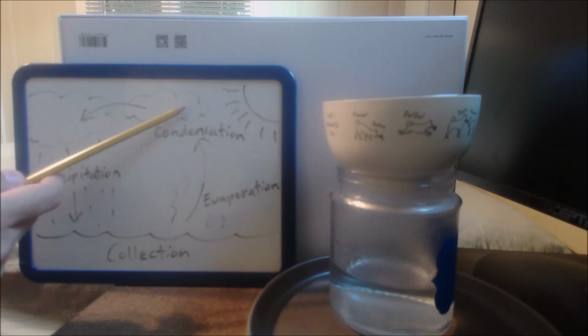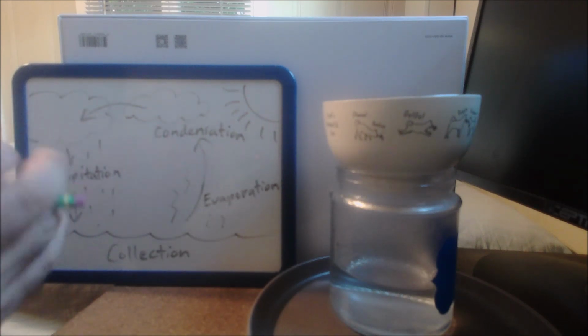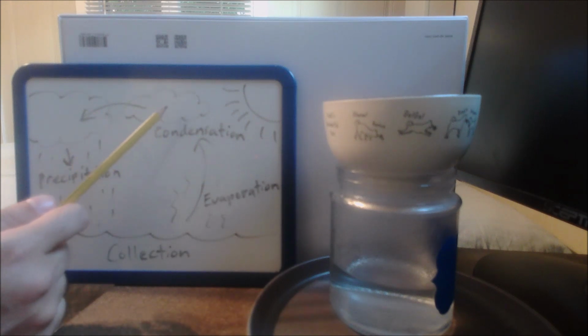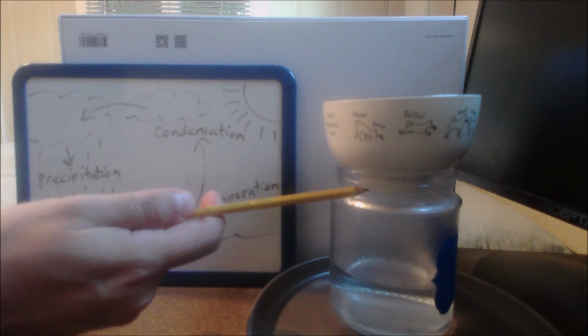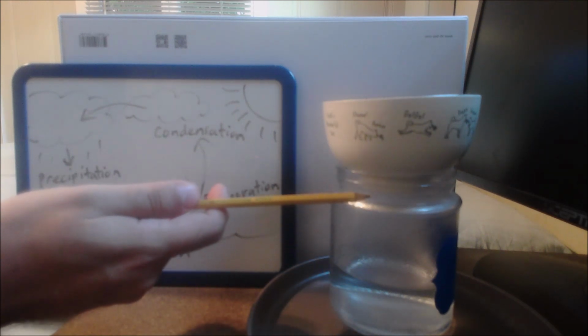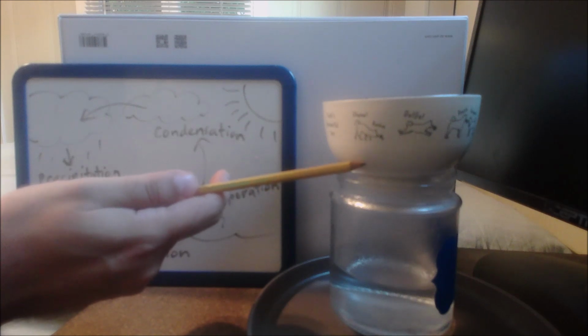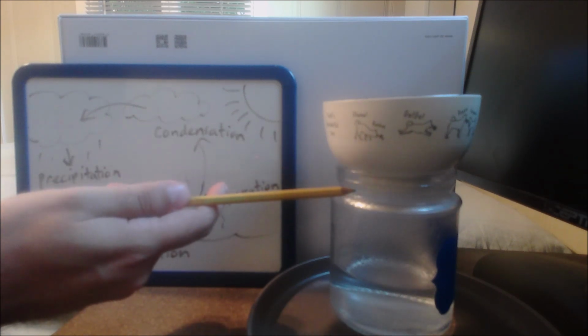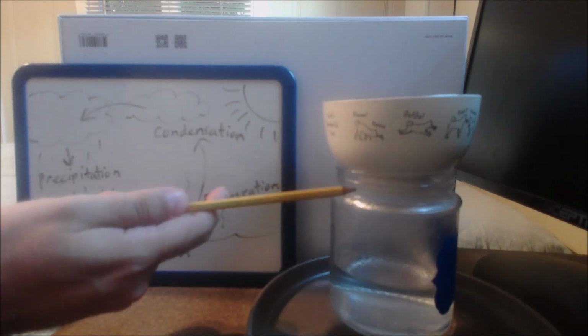Those water vapor molecules began to condense back down into liquid water and create the form of liquid water droplets and clouds. A similar thing is happening now at the bottom of the bowl. Water vapor is rising up, is touching the cold bottom of the bowl, and is starting to condense back into liquid water droplets that are starting to hang from the bottom of the bowl there.